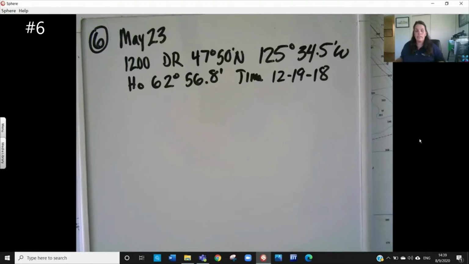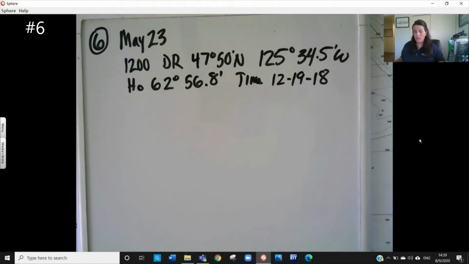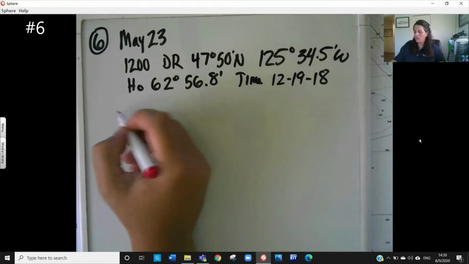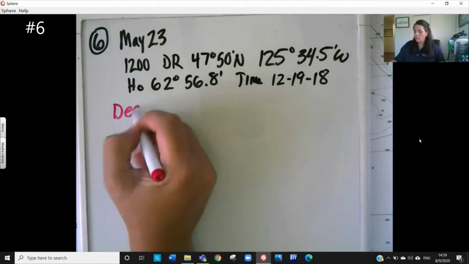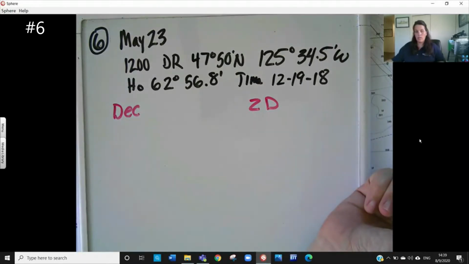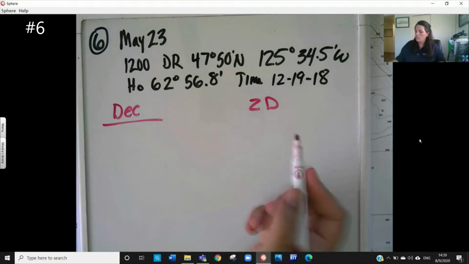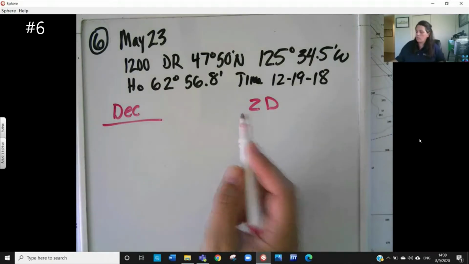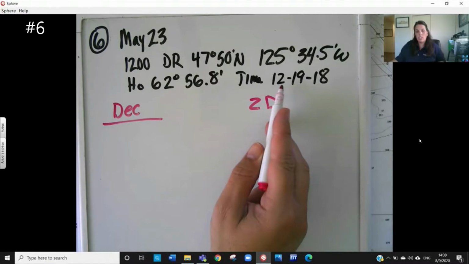Okay, so to figure out our latitude by LAN, we need 2 things. We need our declination, and we need our zenith distance. So in order to figure out declination, we need to find that in the almanac. So we have to go to the almanac using GMT.